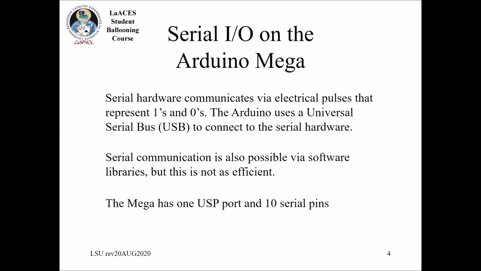A USB is also a serial device that communicates with a specific protocol, and it connects to the serial hardware. If you've worked with this already, you've plugged it in, and that's a USB. There's a note here that serial communication is also possible via software libraries, but this is not as efficient.